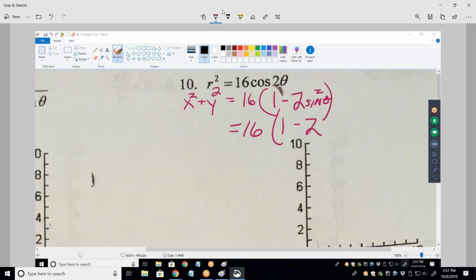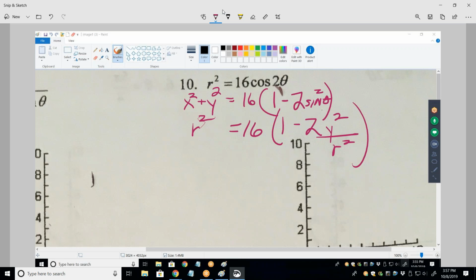So now we're going to plug in sine squared is y squared over r squared. You know what? I'm going to go back and leave that as r squared. No, that won't help. Let's see.